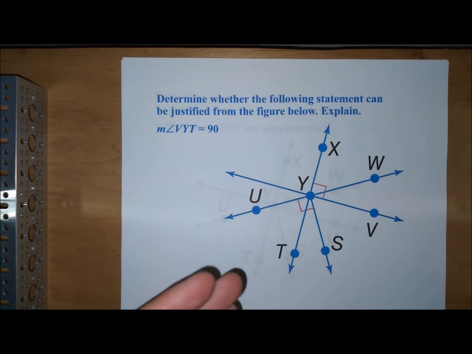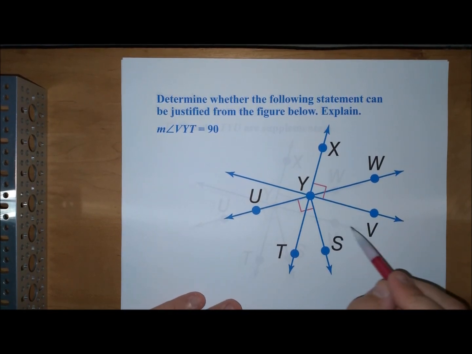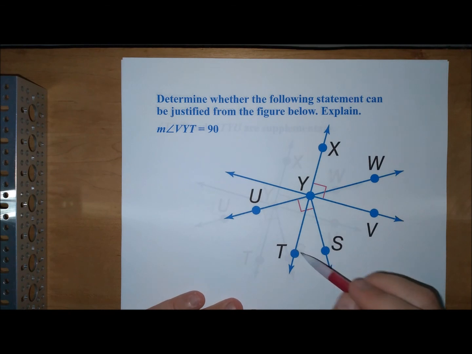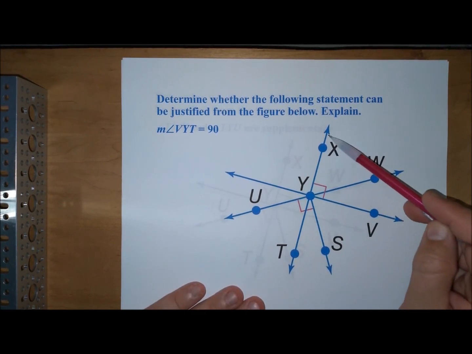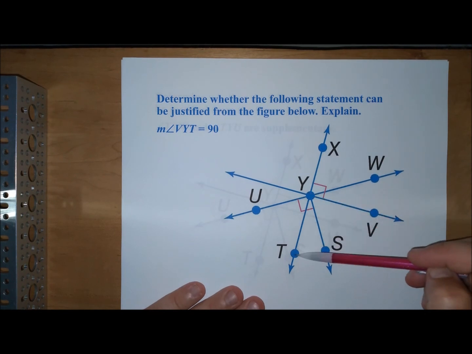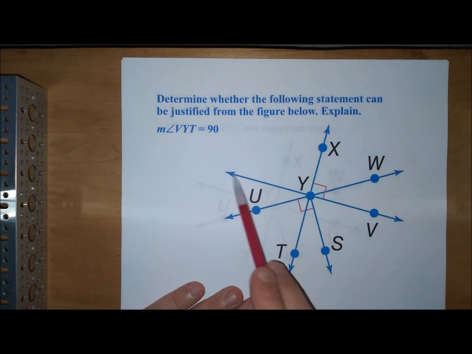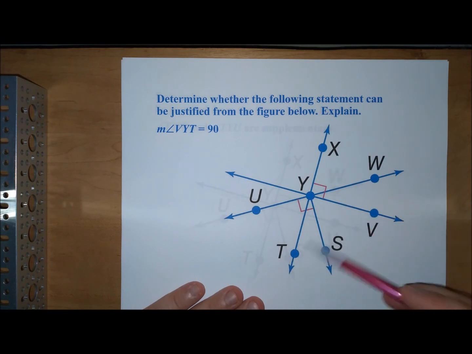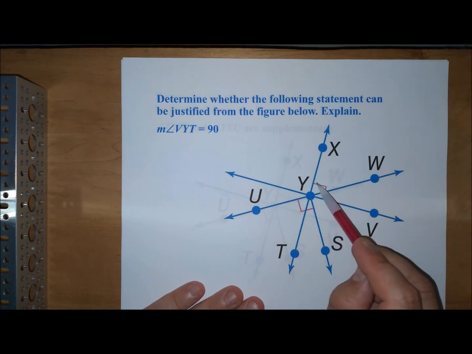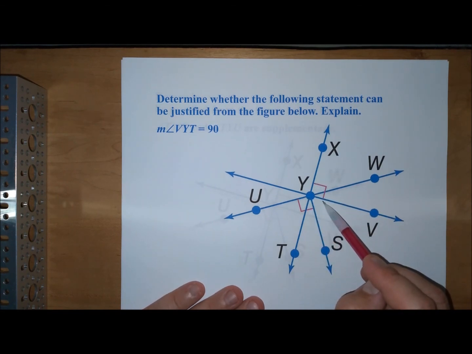But is there other information given in the problem that we could rely on and then extend to tell us something about angle VYT? I do know I can assume that X, Y, and T are collinear, and V and Y are on this line. And that means that XT and YV are perpendicular lines.